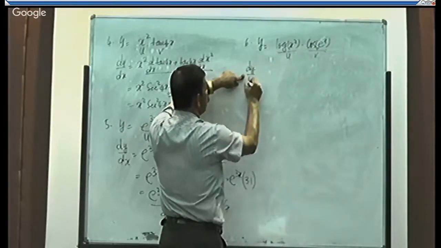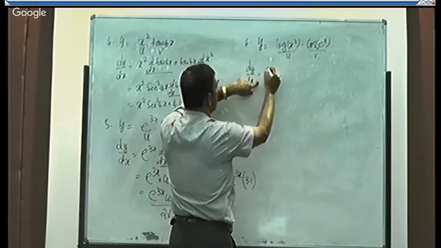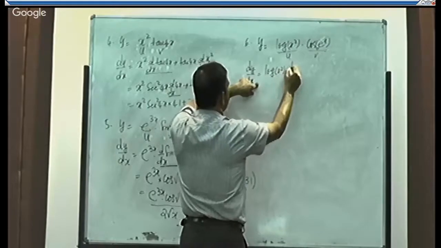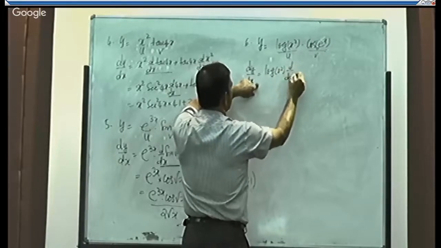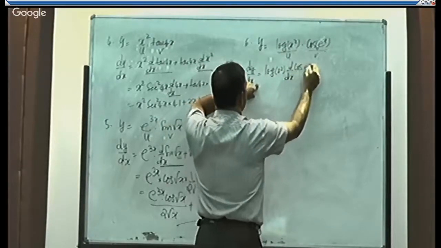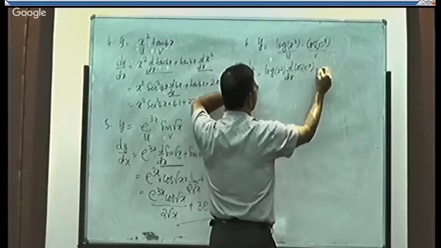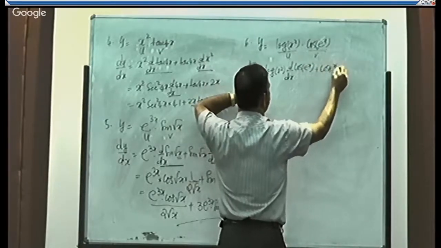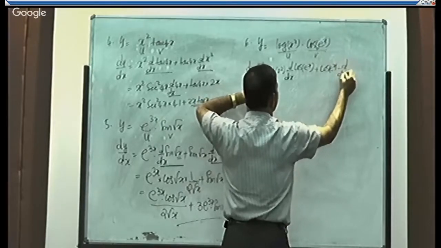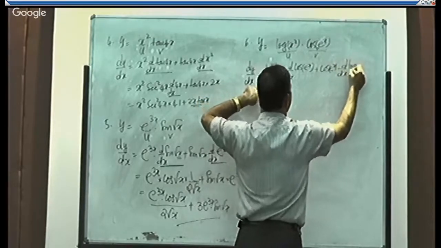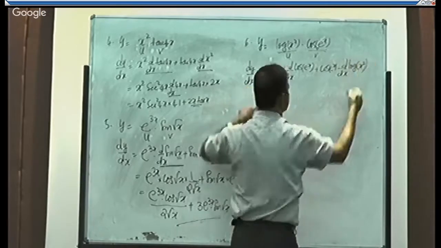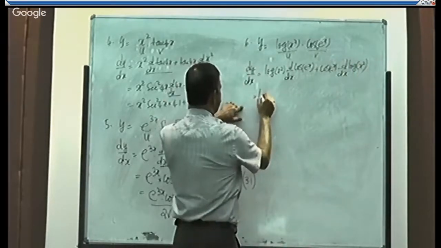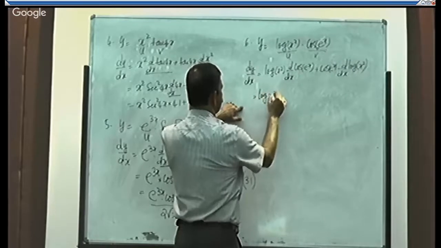Differentiate this. dy by dx is equal to log of x square into d by dx of cos of e power x, plus cos of e power x, that is v, into d by dx of u. U is log of x square. Keep log of x square as it is.